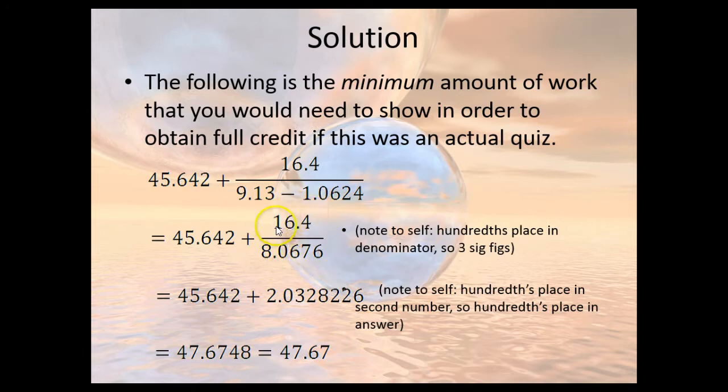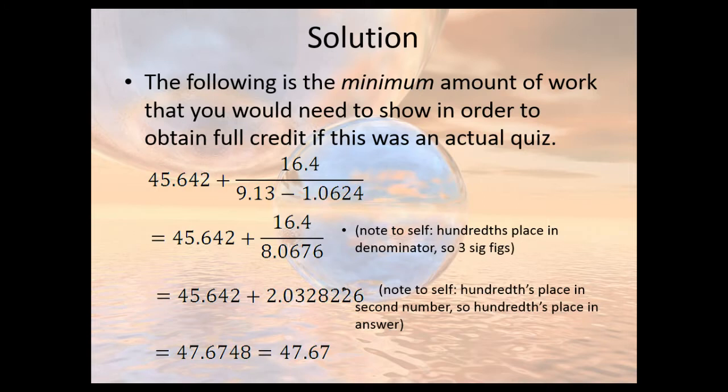You have a number with 3 sig figs divided by another number with 3 sig figs, which means this answer right here has 3 sig figs. Well, what is 3 sig figs here? 3 sig figs is, as it turns out, 1, 2, 3. It's the hundredths place. So this number right here is good to the thousandths place plus a number that's good to the hundredths place. So the overall result is good to the hundredths place.